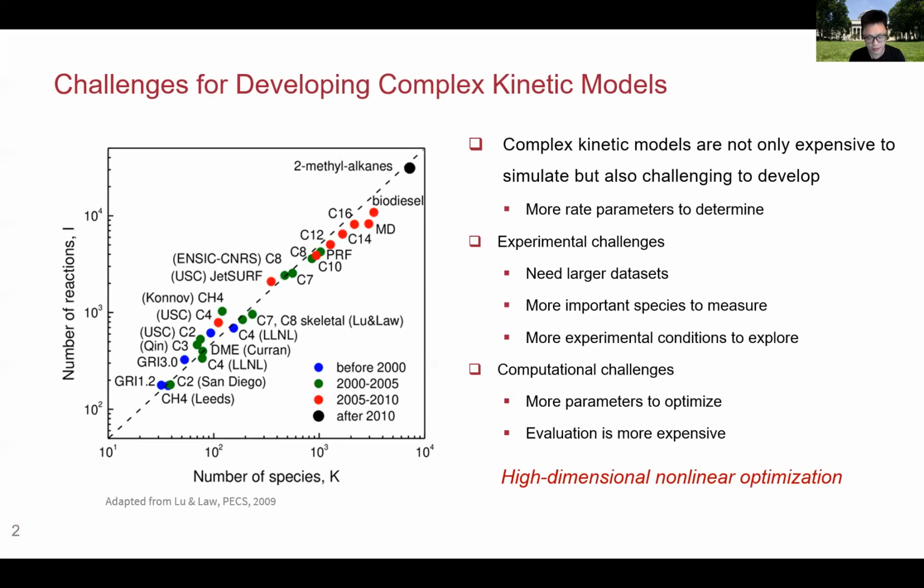I would like to start from this famous diagram from Professor Lu and Professor Law: the complexity of detailed kinetic models, especially for large hydrocarbon fuels. This diagram is usually referred to imply the challenges in simulating detailed combustion chemistry.